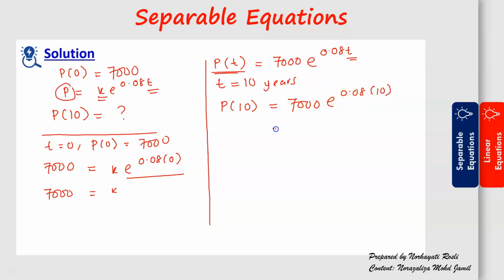When we solve this using a calculator, we get the answer equal to 15,578 people.